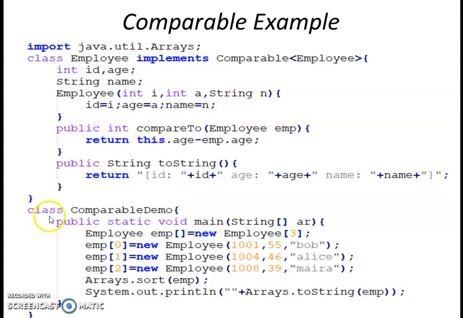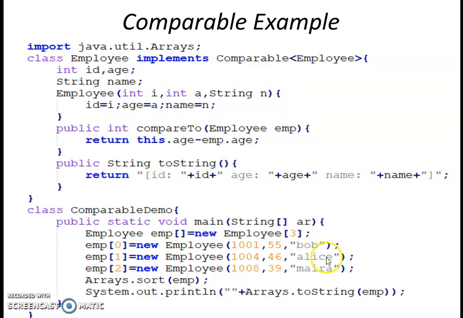Now we have a class named ComparableDemo. We have the main method inside this class and we are creating an array of Employee. The size of this array is 3. So we are going to have 3 objects of the Employee class. Now the first object is an Employee with ID 1001, age 55 and name Bob.